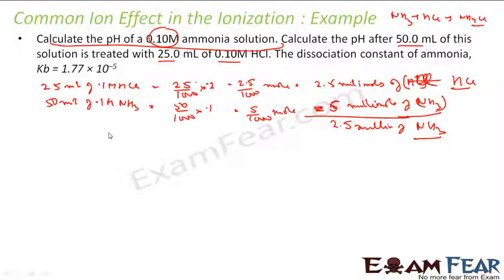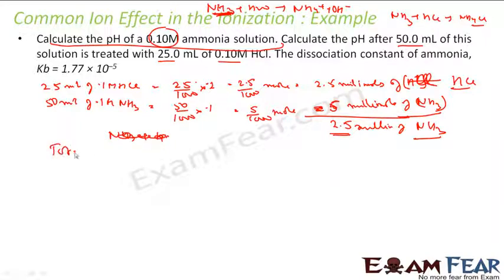Correct? So let's write the reaction once again. NH3 plus H2O gives NH4 plus and OH minus ions, right? So this is now my 2.5 millimoles. Now I have to find it in molarity, right? Moles per volume.